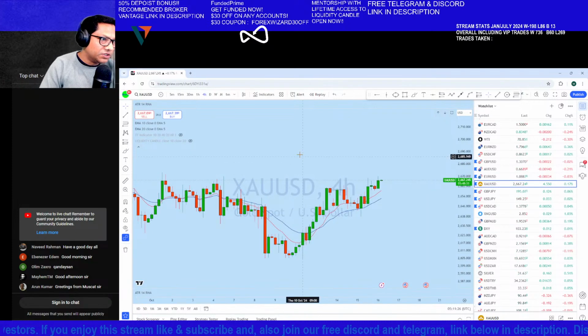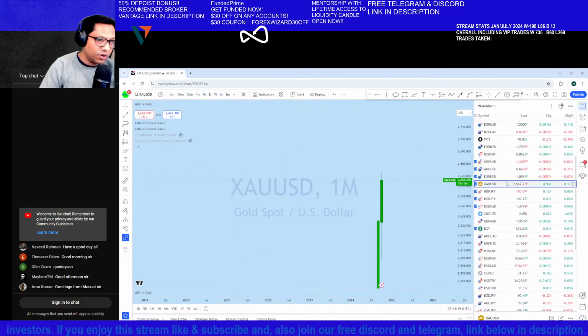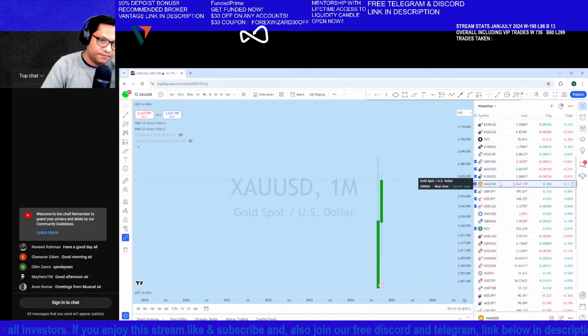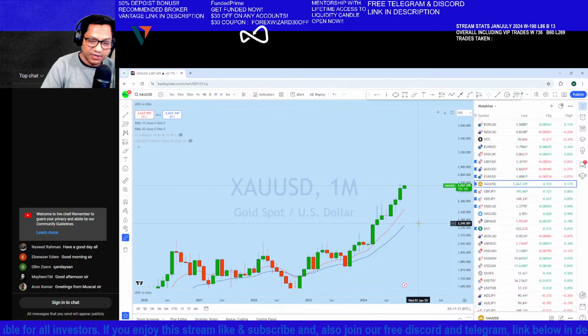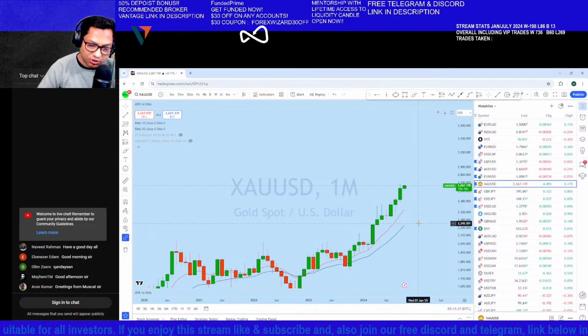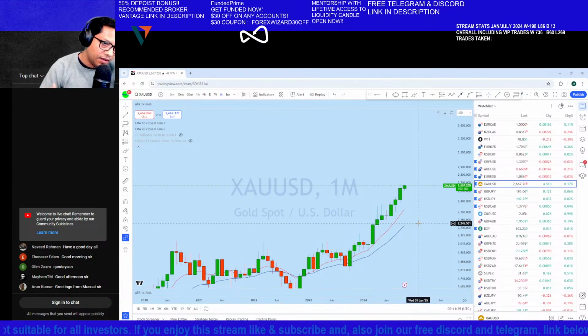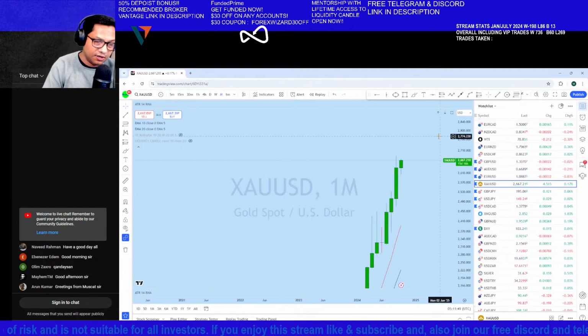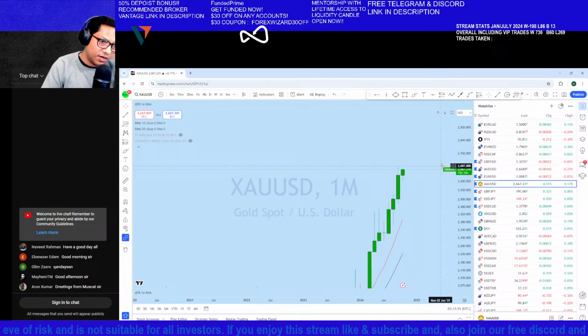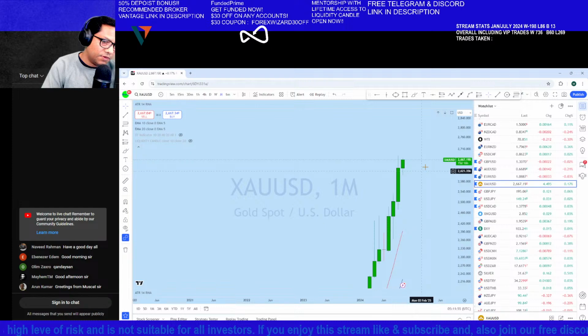So looking first of all at XAU USD, on the monthly chart. I always look at the highest time frame. As you know, when you look at the highest time frame and then drop down to the lower time frame, it helps us to understand the overall picture in the market. It's very essential that all professional traders do that multi-time frame analysis to see how the market might be doing.